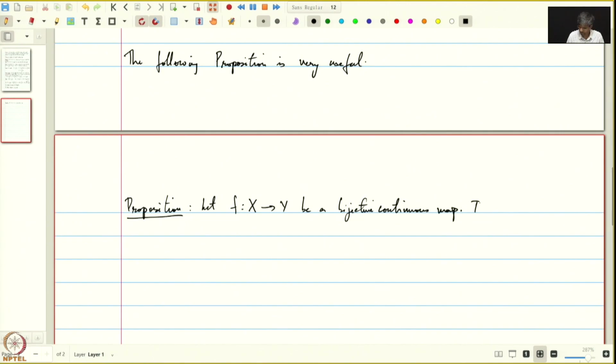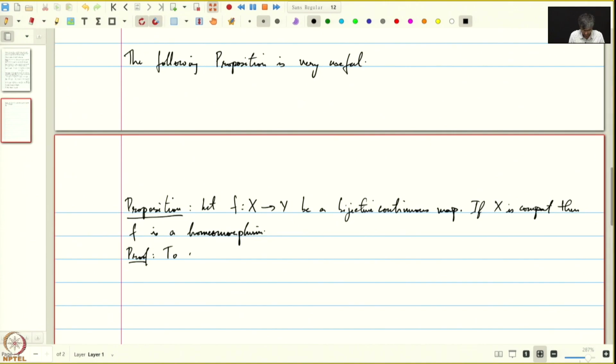If X is compact, then f is a homeomorphism. Okay, so proof.